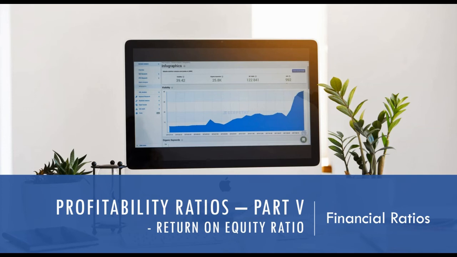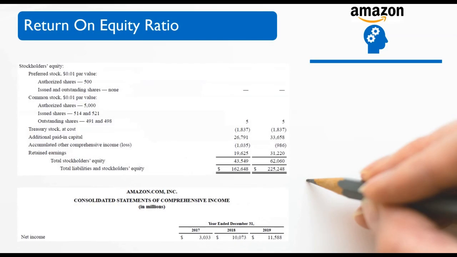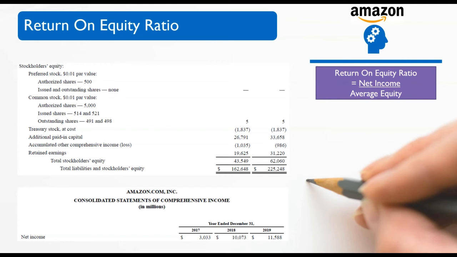Welcome back. In this lecture, we will go through part 5 of the profitability ratios, where we will walk through the return on equity ratio. So let's calculate the return on equity ratio for Amazon. But before we get started, let's find out what a return on equity ratio is. To start, the return on equity measures how effectively management is using a company's assets to create profits.